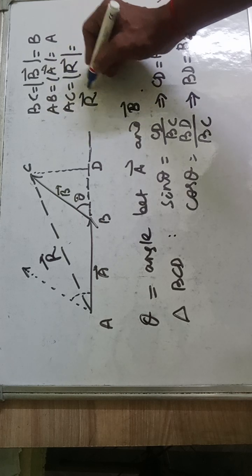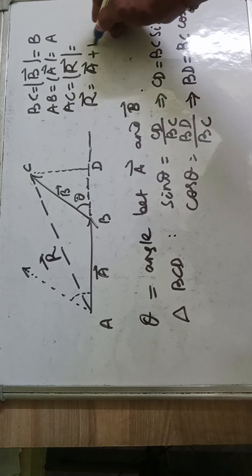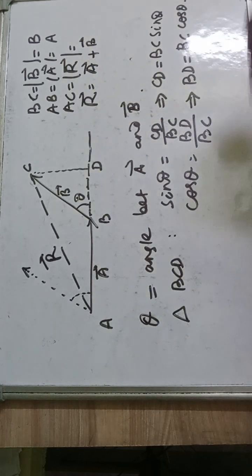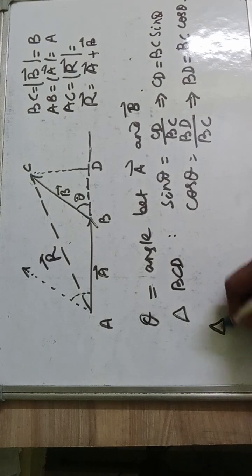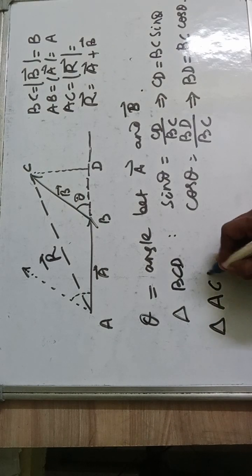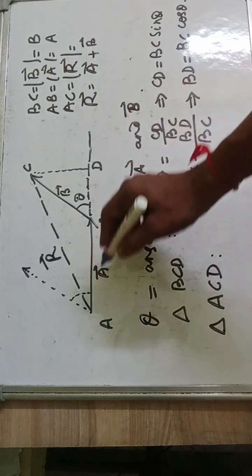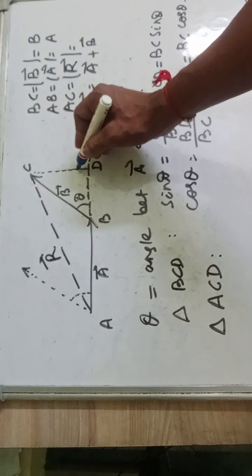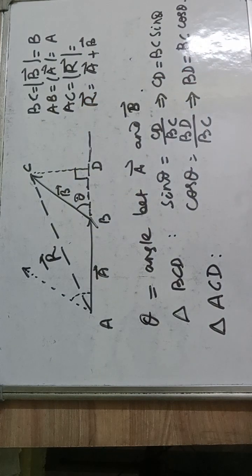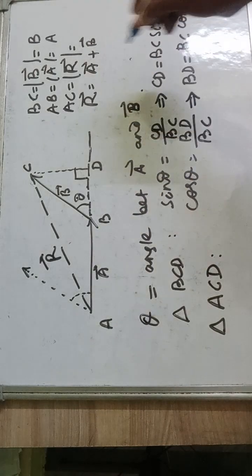R is the vector addition of two vectors A and B. Now, from the triangle ACD, using Pythagoras theorem, because this ACD became a right angle triangle. Your angle D is 90 degrees, CD is perpendicular to BD.